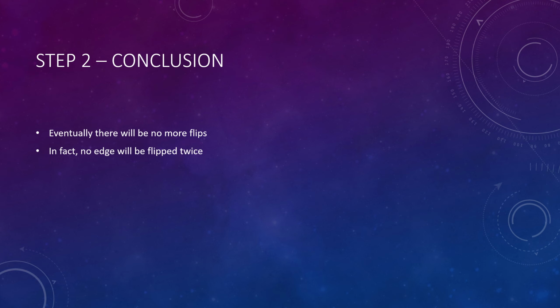In fact, no edge will be flipped twice. We didn't prove this, but this is also true, so I thought I should mention it. This means that there are at most n multiplied by n minus 1 over 2 flips.